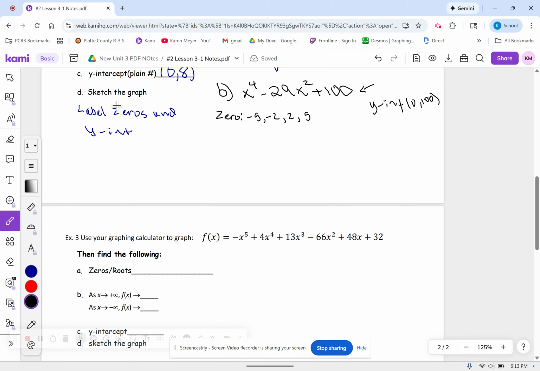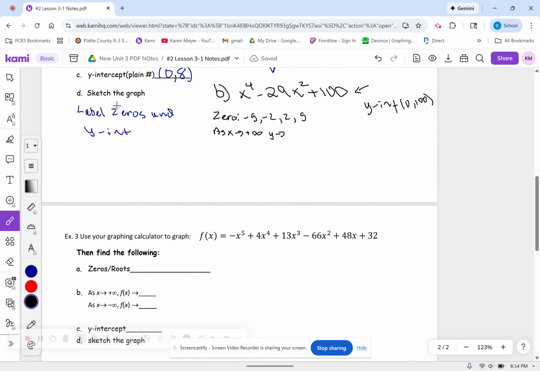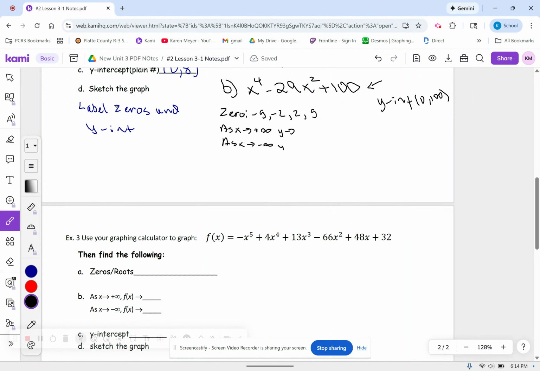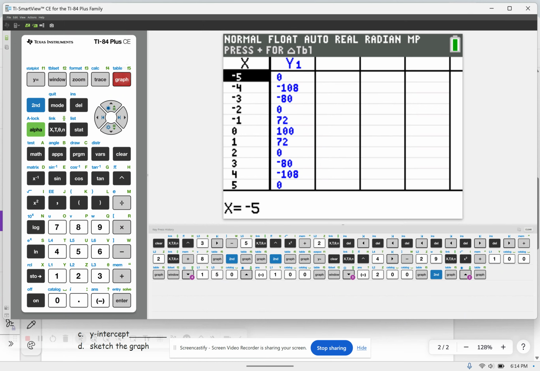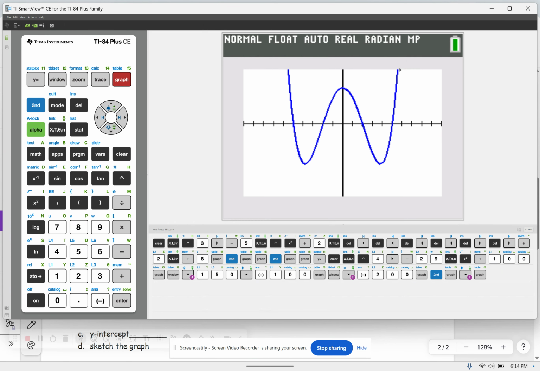Okay, end behavior on the right side. So as x goes to positive infinity, what does y do? And then as x goes to negative infinity, what does y do? Okay, and if we look back at our graph, you will notice that on the right side it's going up, and on the left side it's going up.